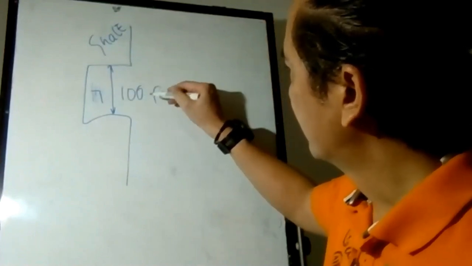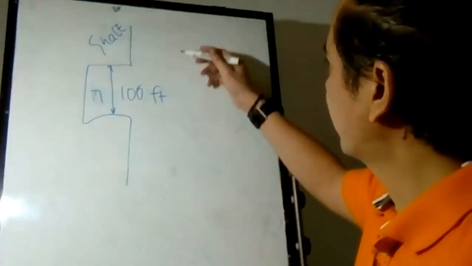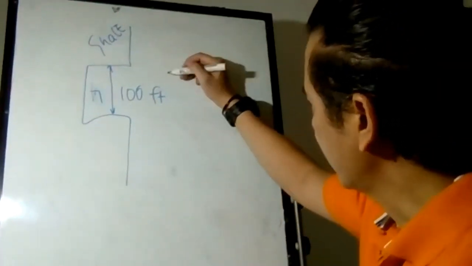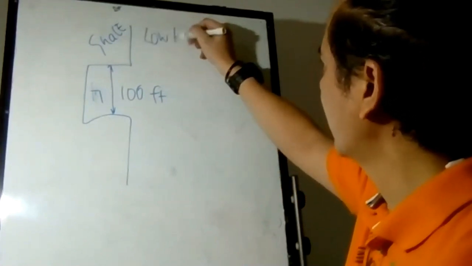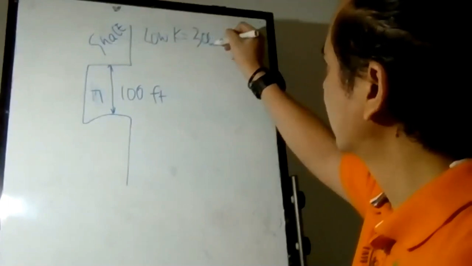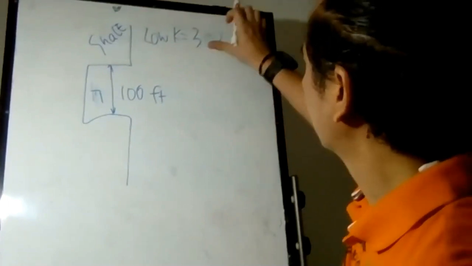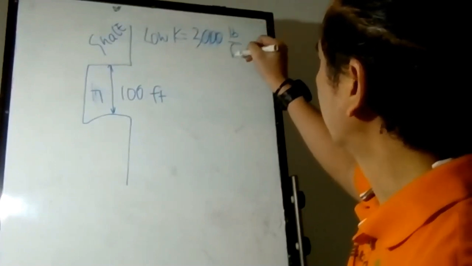So, rule of thumb for designing a frac job: if you deal with a low permeability reservoir, you pump 3,000 pounds per foot.